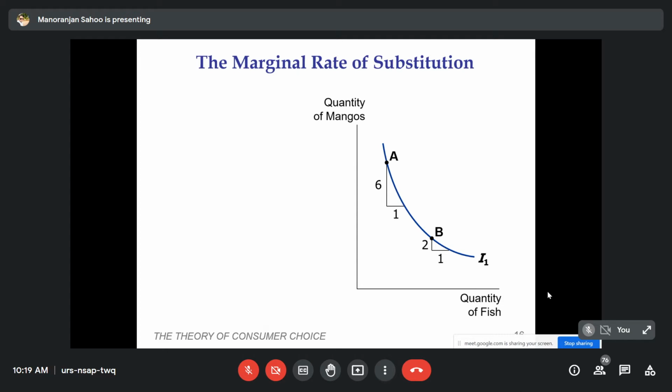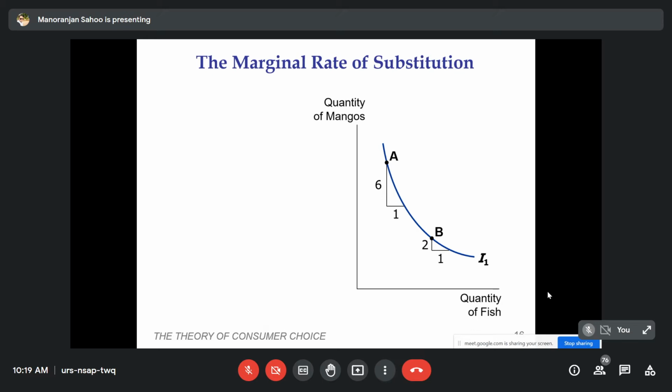So how do we understand this diminishing slope? According to the law of diminishing marginal utility, the higher the stock of something, the lower the additional marginal utility.